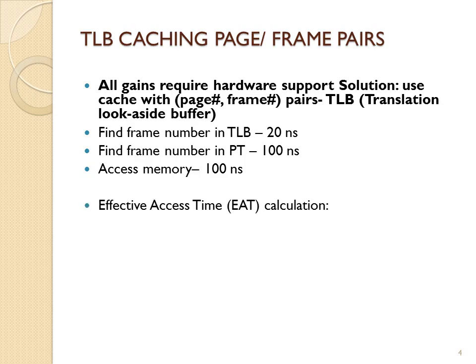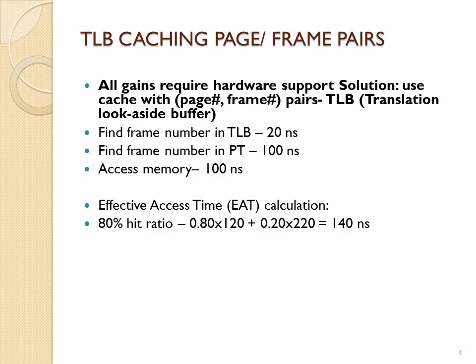So you can calculate what's called effective access time. Say for example you have an 80% hit ratio. That means that 80% of the time your page frame pair is in the TLB, and 20% of the time it is not in the TLB. If you take a look at this math, it's very simple. It takes 120 nanoseconds for a TLB hit, and 220 nanoseconds for a TLB miss.